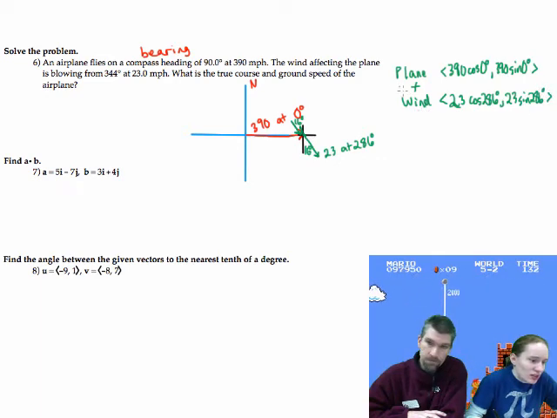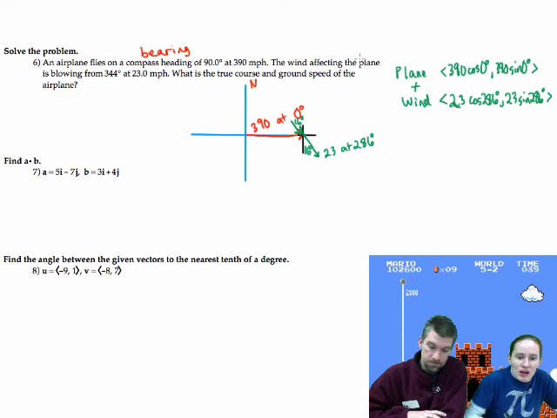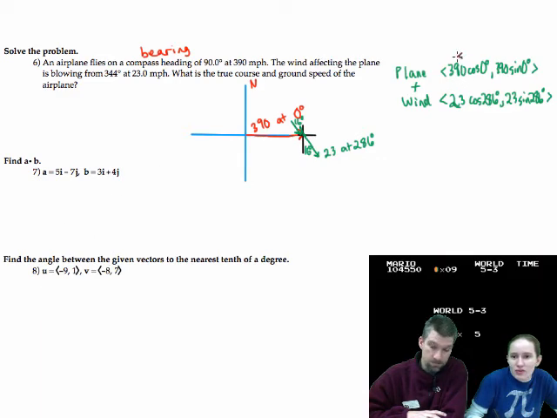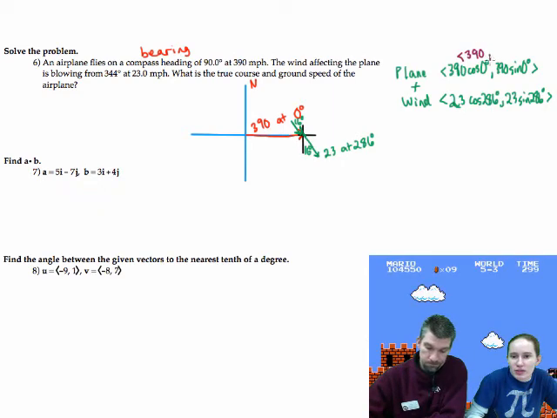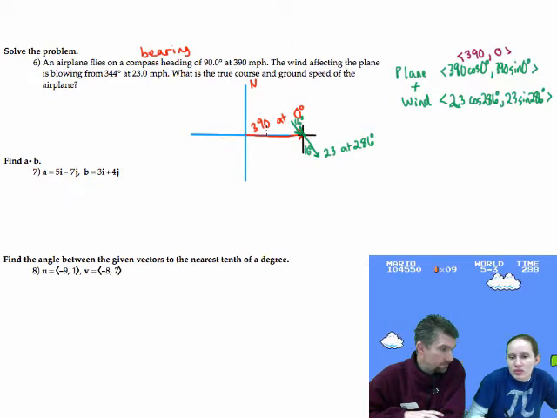We have to find those in decimals, and then add them together. Make sure you're working in degree mode on your calculator. The first one, actually, you could have figured out without your calculator. It's 390 comma 0.